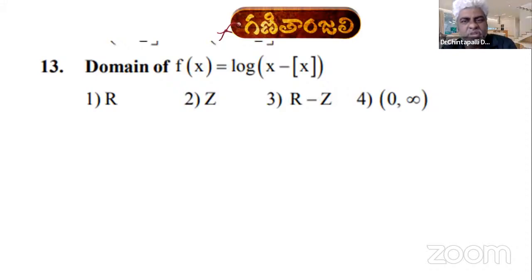What about this? Do you remember the formula of this function? Phi of x should be greater than 0, sir. Yes, you are right.